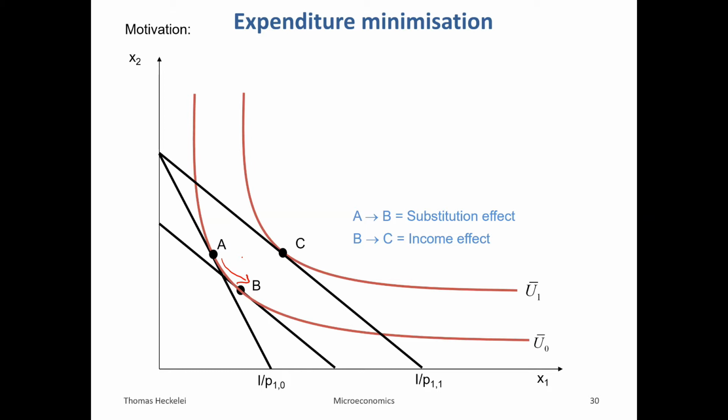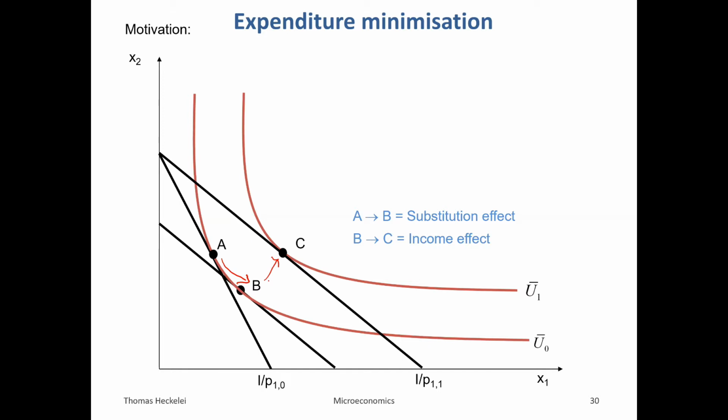The second movement would be from B to C, the income effect. Because as the price decreases, now the individual can buy more. So this extra purchasing power will move him from B to C, which is on a higher level of utility.